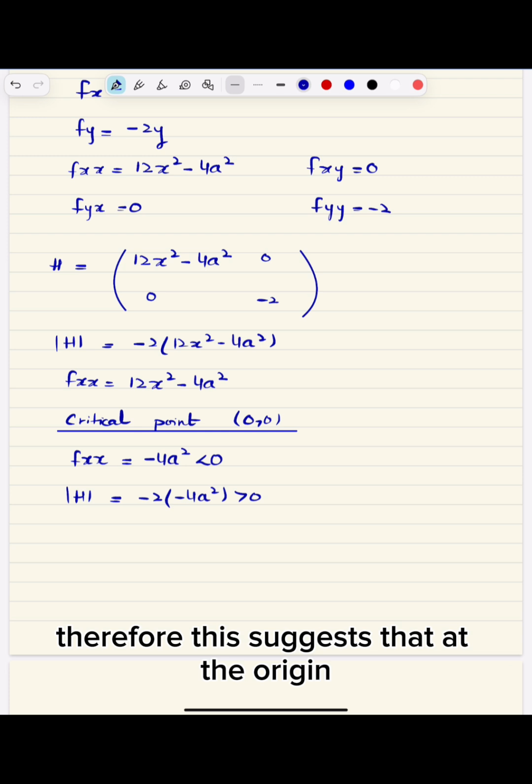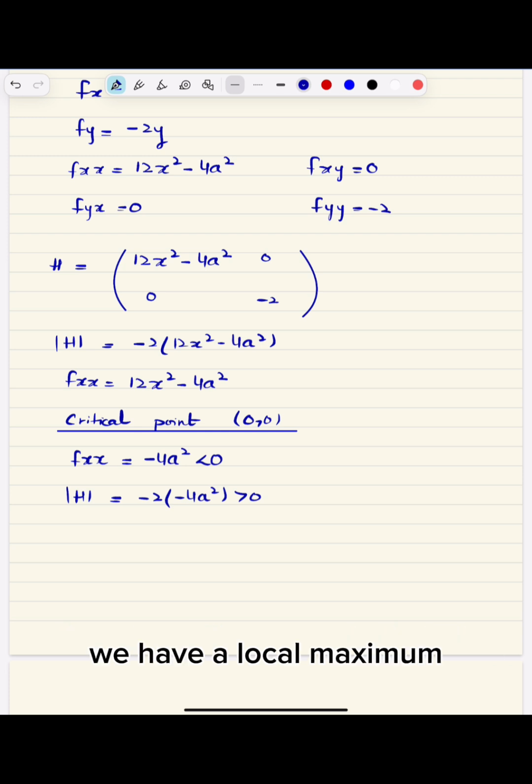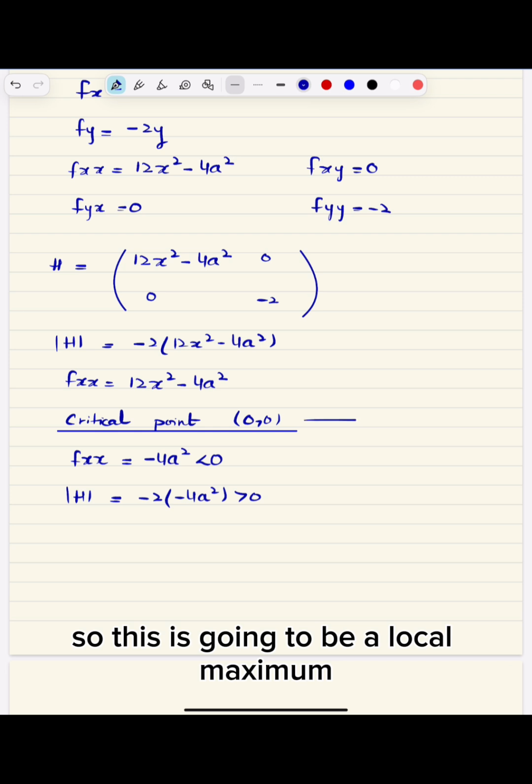Therefore, this suggests that at the origin we have a local maximum.